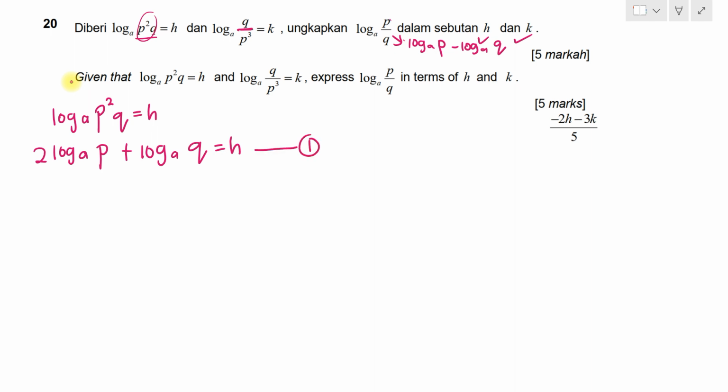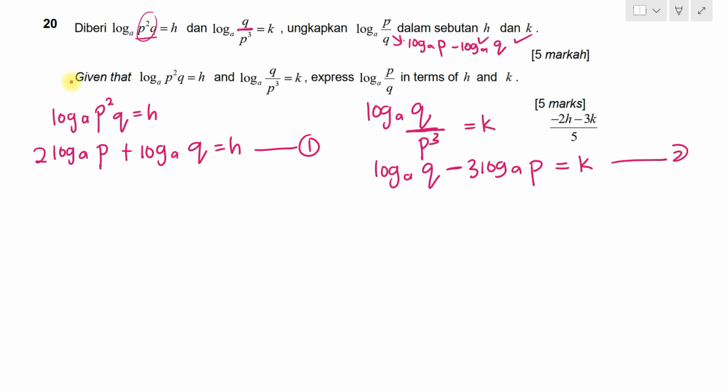I don't know how it's going to end. Log a of P cubed over Q. So log a Q minus, because divide, log a P cubed, put here. This is equal to K. Equation 2. So I try to combine both equations.